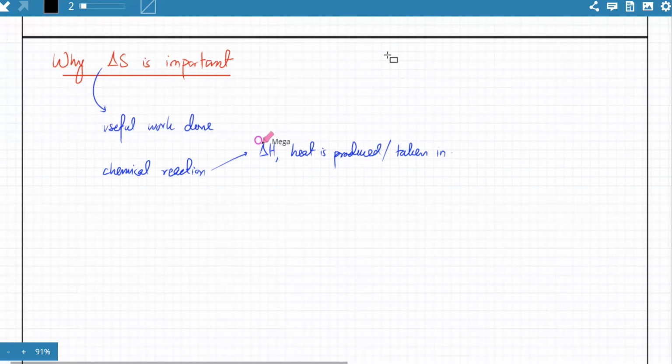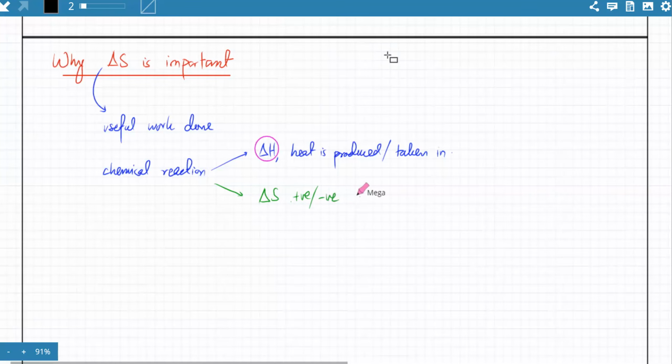delta H is overall kind of not very important. You can't really convert that into useful work done. And when you do a chemical reaction, another thing that happens is the entropy of the system changes. If you boil water, that's disorder increasing. So delta S could be positive, it could be negative.